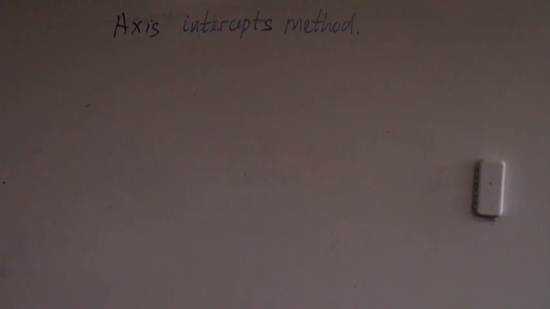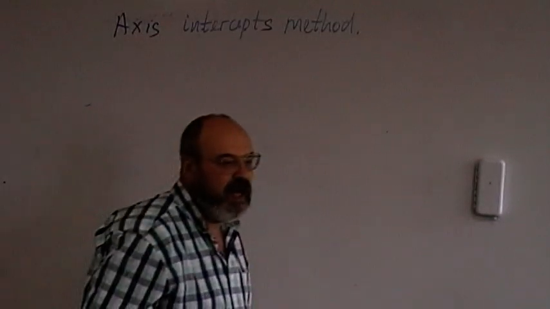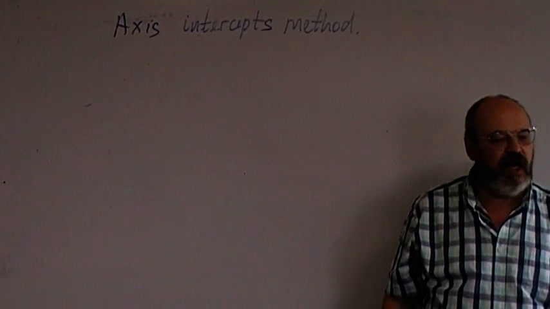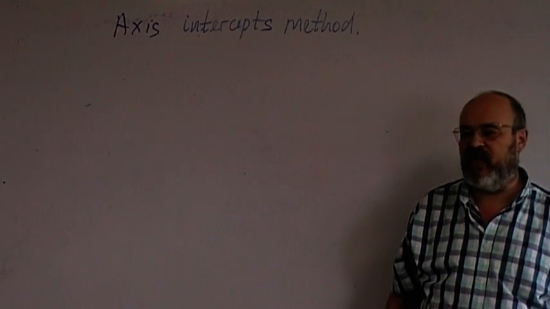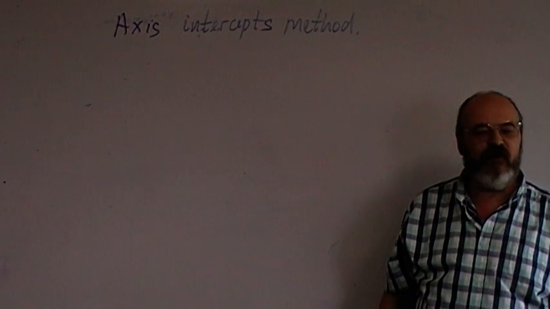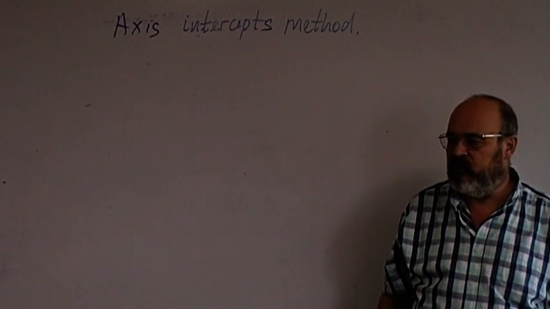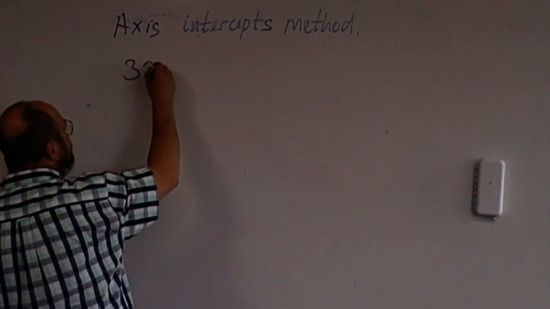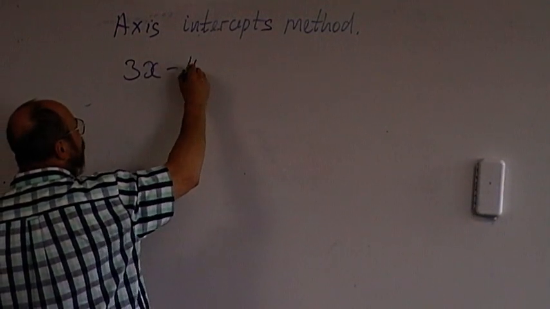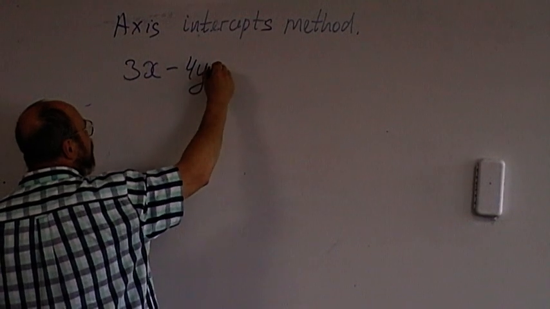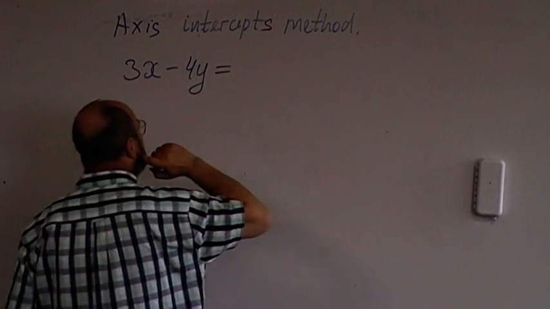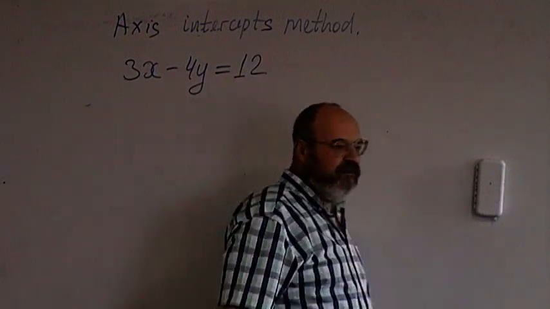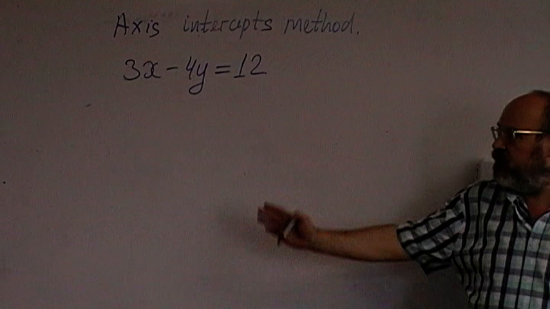This method is useful when you don't have the equation in the form y equals mx plus c. Let's say the equation of the line is 3x minus 4y equals 12.